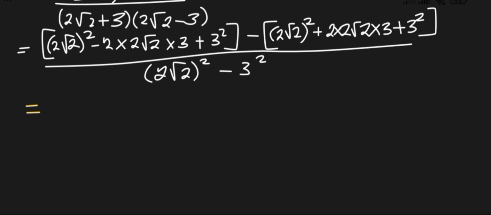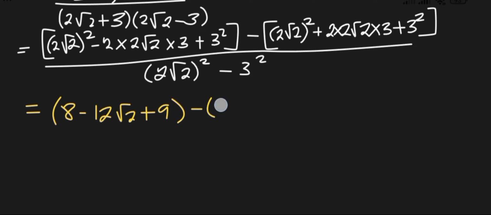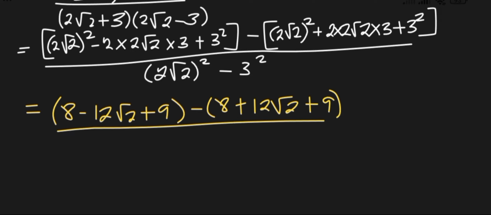Simplifying further the expression in the brackets, especially in the numerator, 2 root 2 squared, that's 2 squared times root 2 squared, which is 4 times 2, that's 8, minus 12 root 2 plus 9. Then the second, 8 plus 12 root 2 plus 9. In the denominator, we have 8 minus 9.